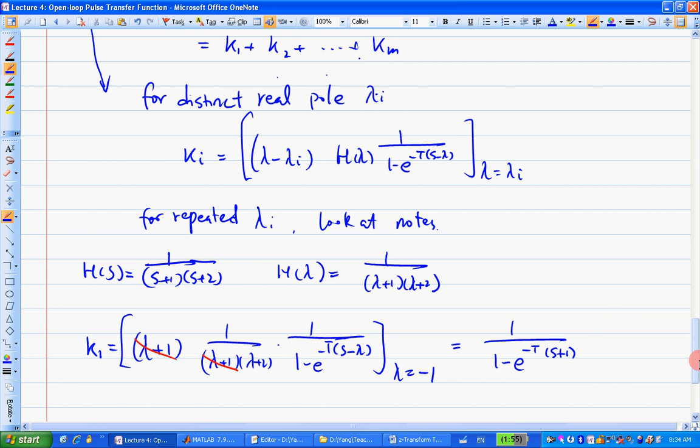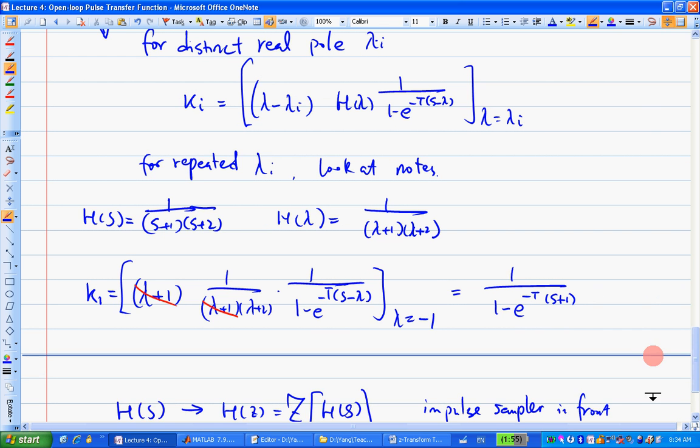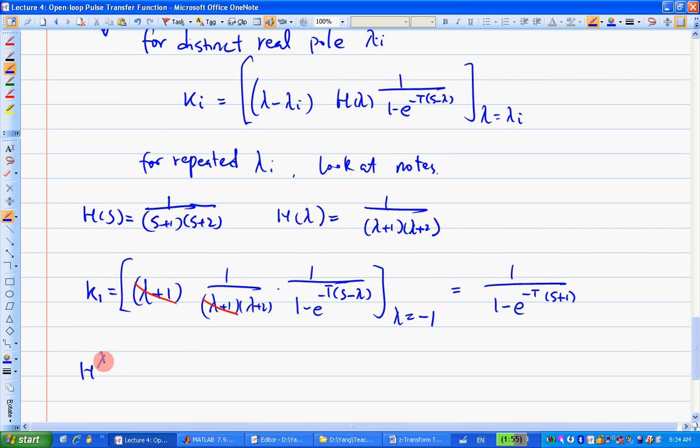So that's H star of s. Well, that's not H star of s yet. That's basically the H star of s according to the formula, equal to K1 plus the next one, K2. K2 is the one corresponding to the pole at lambda equal to -2.